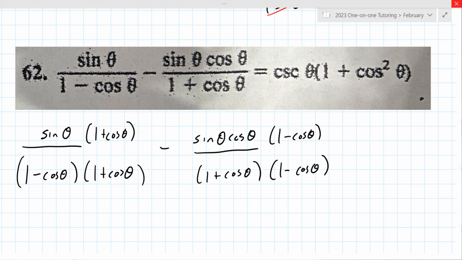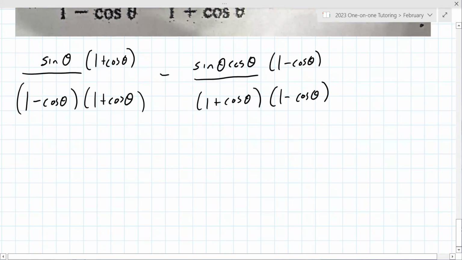So can you tell me what the denominators become on both sides? On the left side, it becomes 1 minus cosine squared theta. Yes. Now, can you see it? Well, let me write that out.